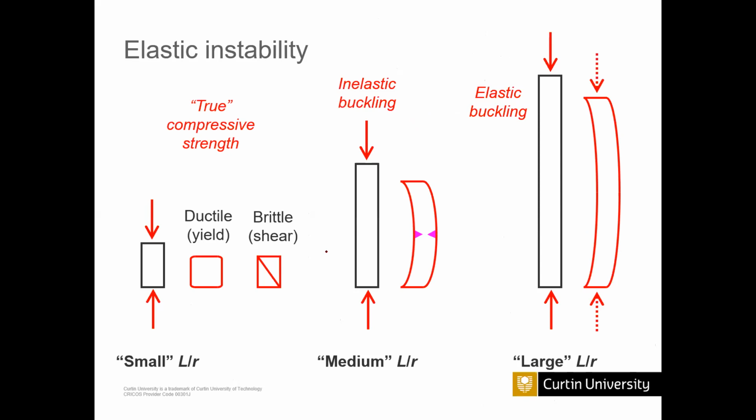If you apply a higher compressive load, sometimes the same column will act as elastic buckling, even though the L/R ratio is less. So the loading value, and then the L/R ratio, are the main factors of buckling.